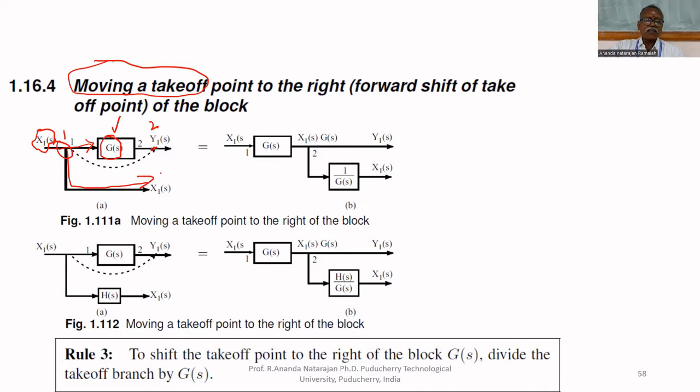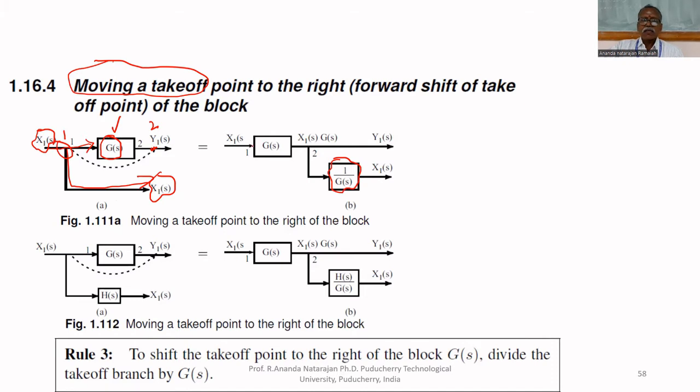So here we are getting it without amplification. Here we are getting it amplified by G of S. But if you shift that, the takeaway point is an amplified signal. So I have to reduce the magnitude by 1 by G of S.